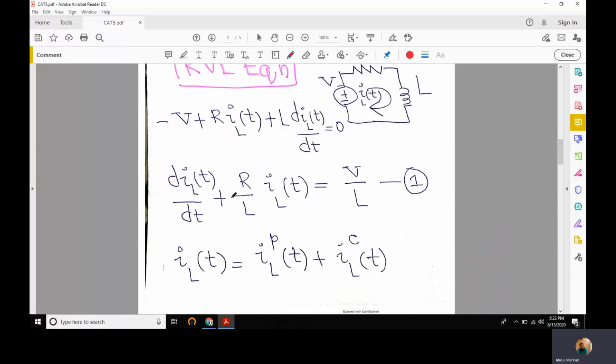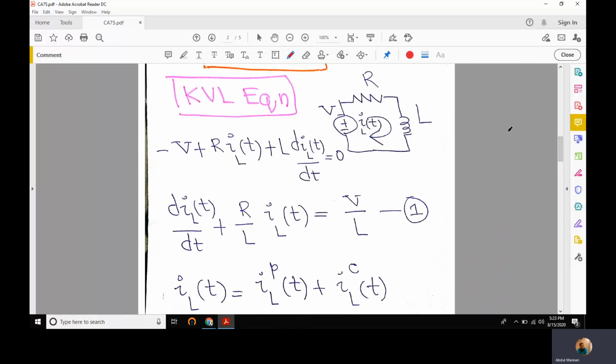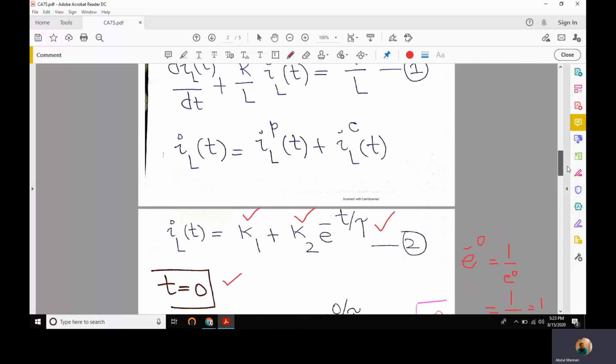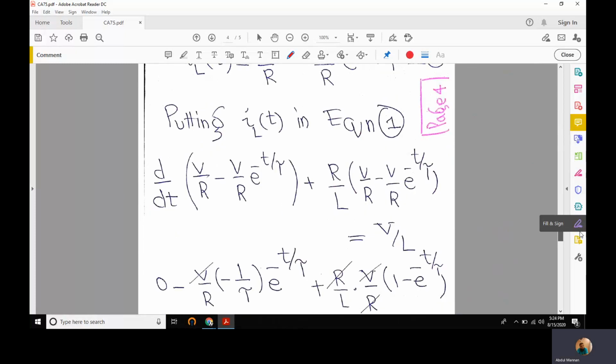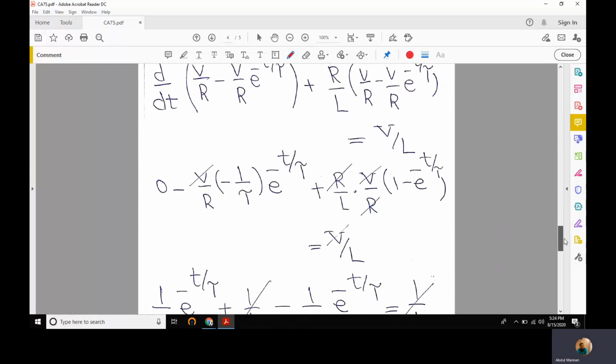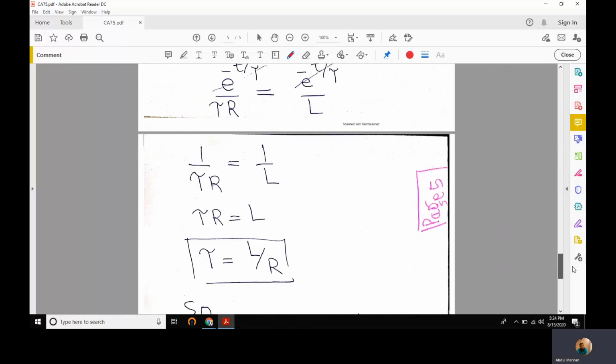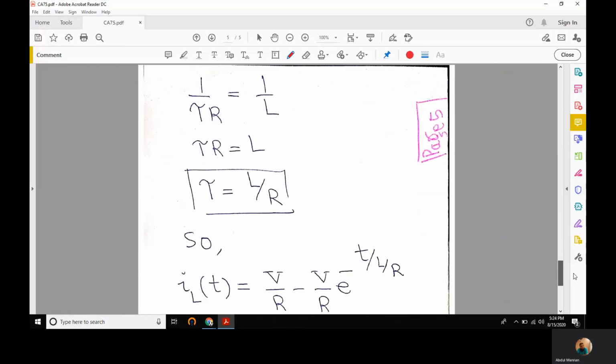It is the initial equation that we wrote by applying KVL. Putting this in equation number 1 gives us this much, and if we solve this, tau becomes L over R.